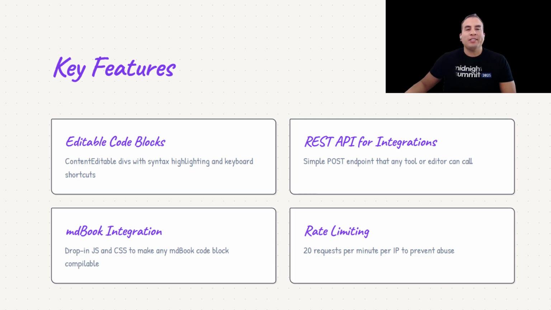Third, and this is a big one, mdBook integration. You can drop the playground's JS and CSS into any mdBook, and every Compact code block automatically gets a run button. This is how the Learn Compact book works. And fourth, rate limiting at 20 requests per minute per IP to keep things fair.